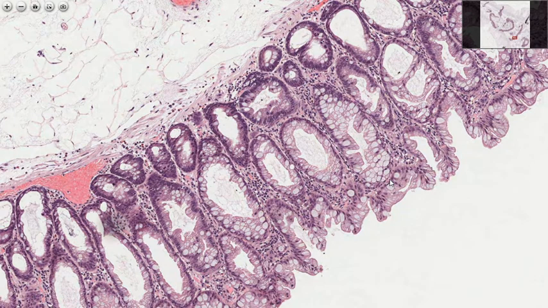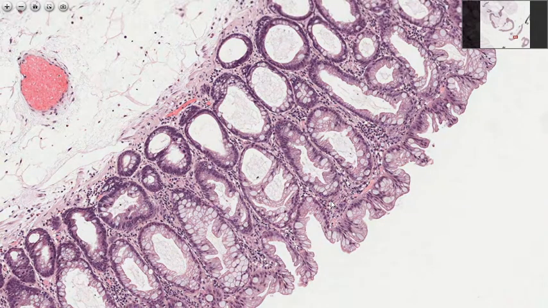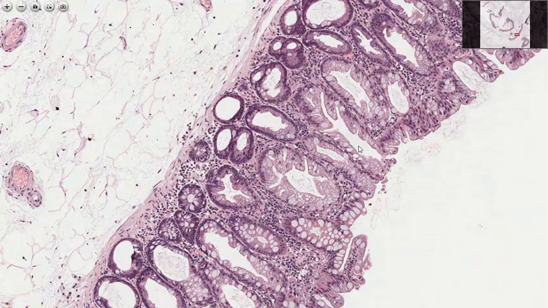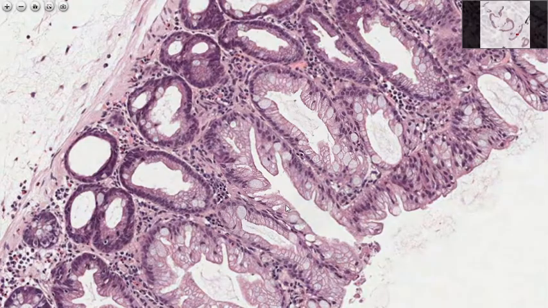It can sometimes be associated with dysplasia, which may be adenomatous dysplasia, and it can also be other kinds of dysplasia, so-called serrated dysplasia, and so on. In this case, I don't see adenomatous dysplasia or other sorts of dysplasia.